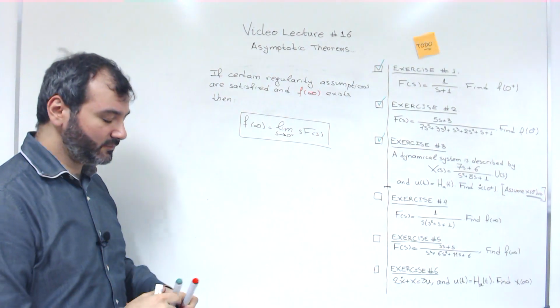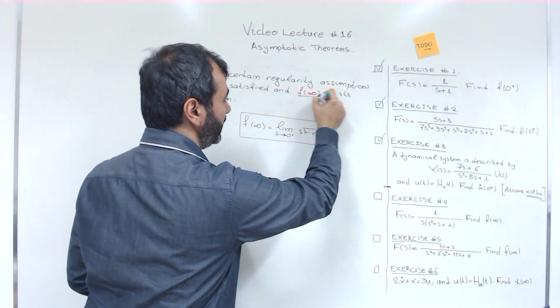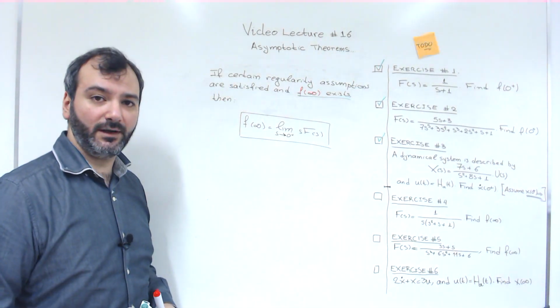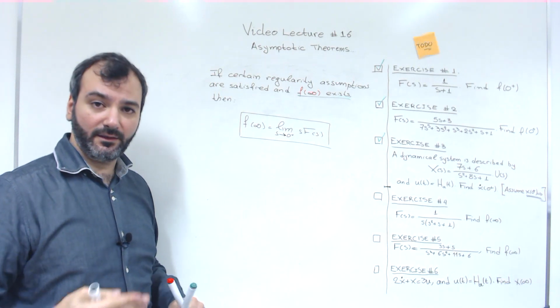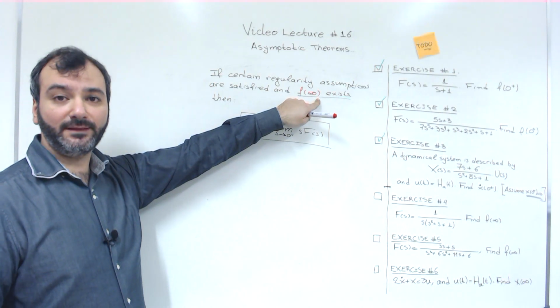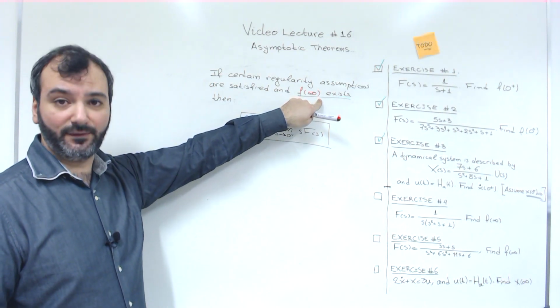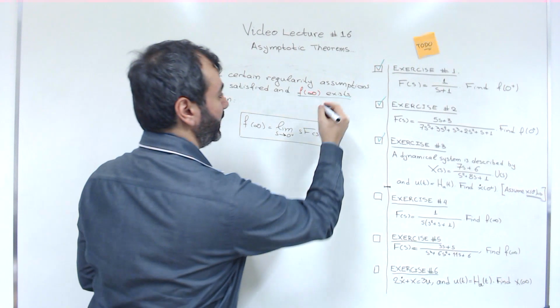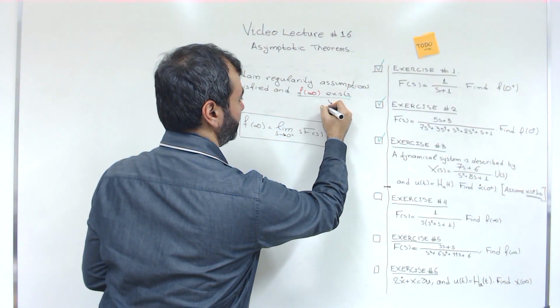Now this is a little strange because the theorem requires, before we know the value of f at infinity, the limit of f at infinity, it requires to be able to tell that it exists. And it is finite. Exists, let me write, and is finite.